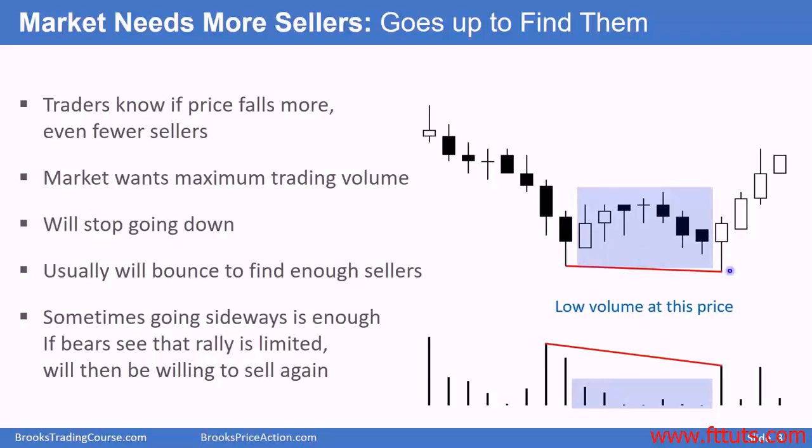So lower price and lower volume. Traders are not interested in trading at this price, so they have to find a new price. If they go lower, they're going to assume there'll be even less volume. So lower is not the answer. The market probably has to go higher to find traders willing to place trades. And you can see we go up a little bit here and volume goes up a little bit.